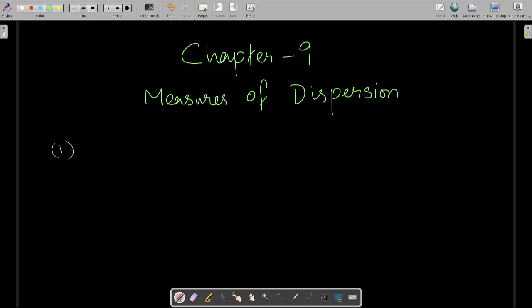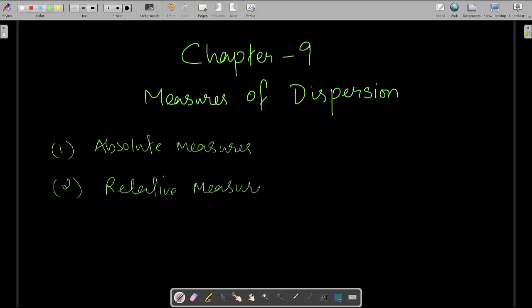The first one is absolute measures, and the second one is relative measures. So here, in absolute measures, there are range, the first thing. We have to calculate range. The second one is quartile deviation.